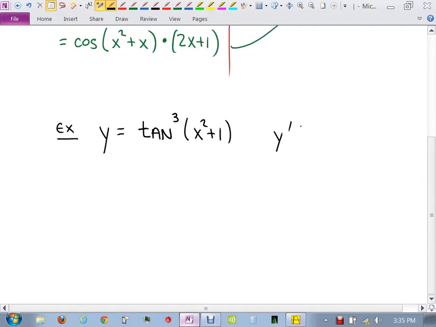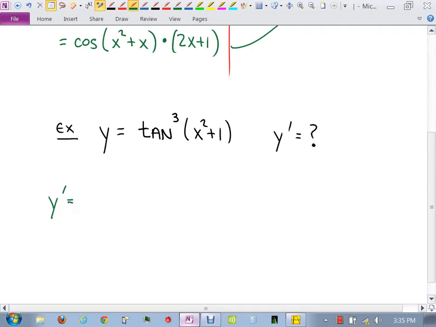I want to find y prime. Now you could do this the way I showed you a little while ago, making a table and doing your d whatever, multiplying them all together, plugging back in. But let's see if we can't get this by doing a shorter way.